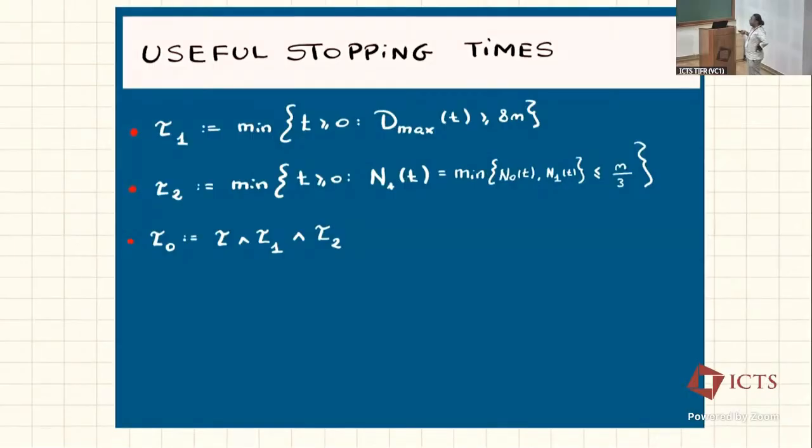So the main goal is to give bounds for these three times, and from the bounds the theorem will follow. So we'll show that tau naught is less than or equal to 6n squared, and both tau 1 and tau 2 are bigger than 6n squared. Then the theorem will follow from these three estimates.